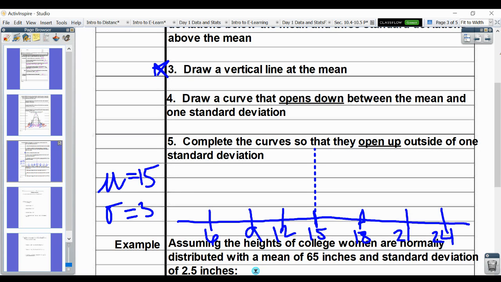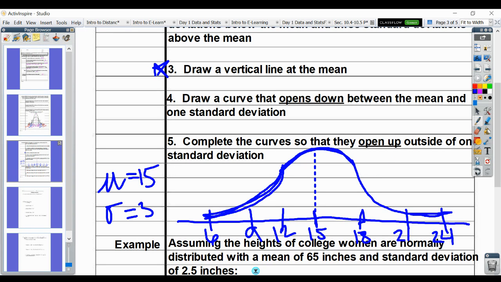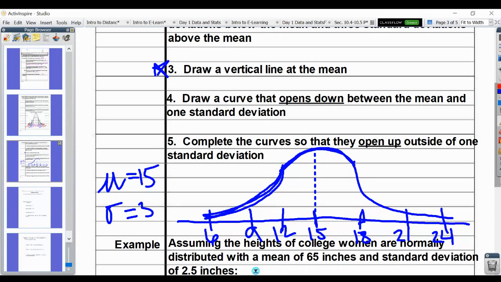When you draw your bell shape, this is step 4, you want to draw the curve so that it opens down between the mean and 1 standard deviation, just like this, and then complete the curve so that it opens up beyond 1 standard deviation. Like that. It should get close to your horizontal axis, but it should not touch.